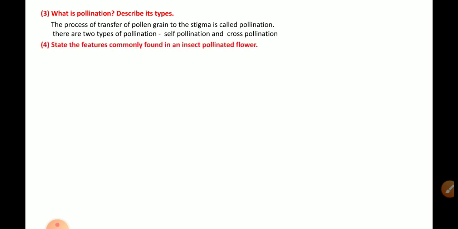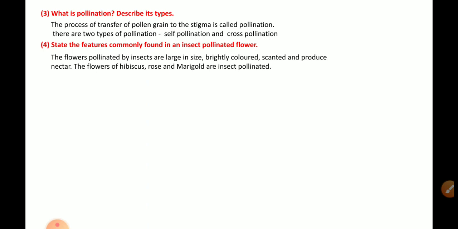Next, question number 4. State the features commonly found in an insect-pollinated flower. So what are the features mainly found in an insect-pollinated flower? The flowers pollinated by insects are large in size, brightly colored, scented and produce nectar.